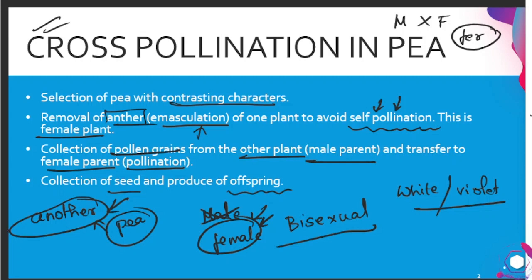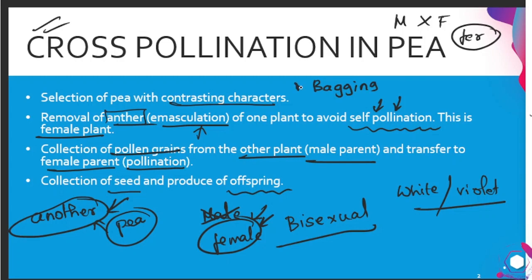Clear? Hope you got a clear idea about that. One more thing: during this removal of anther, they want to have the seed of their desired male plant, so we collect the pollen grains only from the male plant that we need. After removing the anther, after the process of emasculation, they will do bagging.